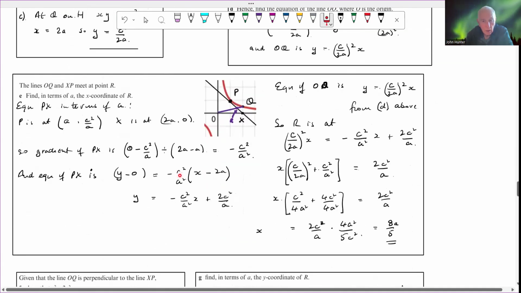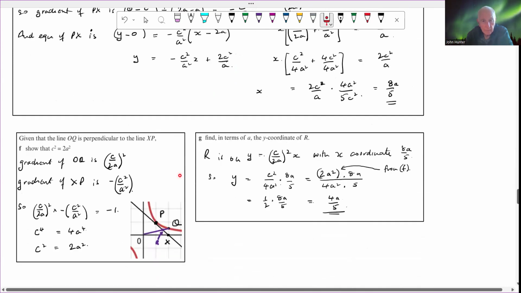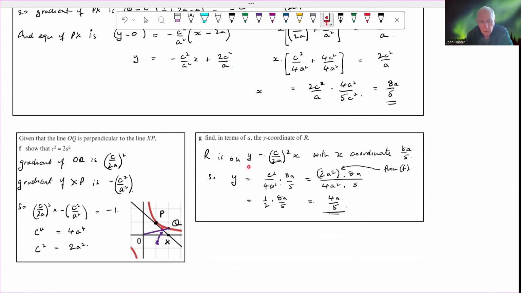Okay, so wind back down again. So R is on this line, which is OQ. And we know the X coordinate because we worked that out there, 8a by 5. So basically we can substitute that in for our X to give us this.